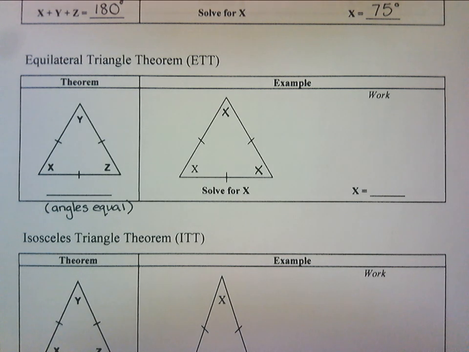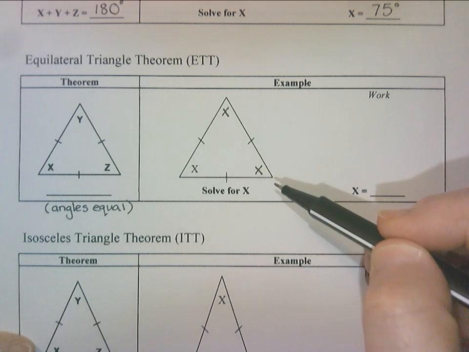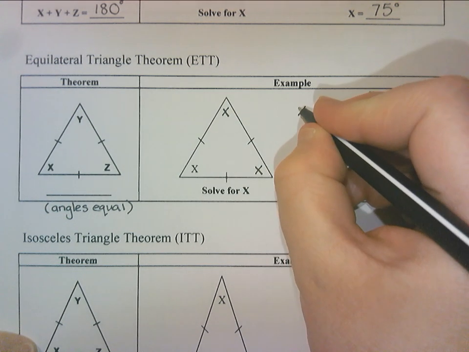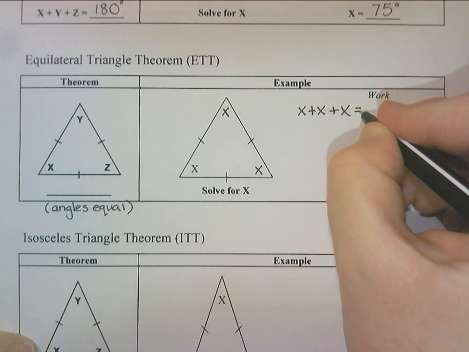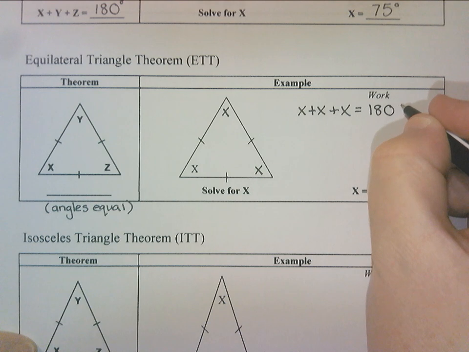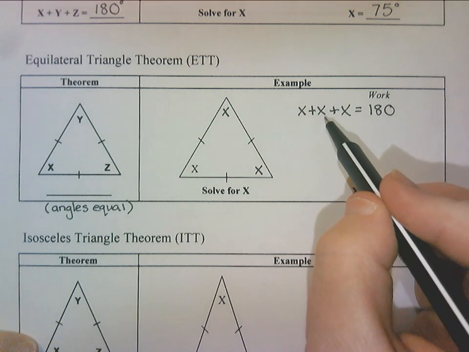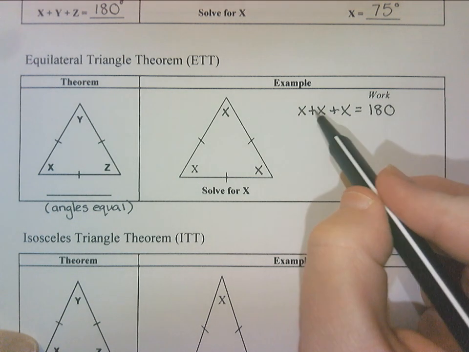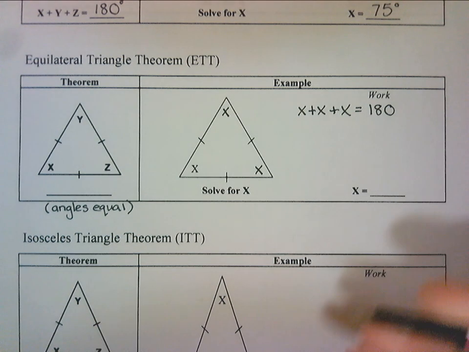Using our sum of the angles in a triangle theorem, or SATT, I know that the three angles in a triangle should add up to 180 degrees. So that means that x plus x plus x equals 180 degrees. All right, from here, I can collect my like terms. So I have x plus x plus x. Each one of those is secretly a 1x.